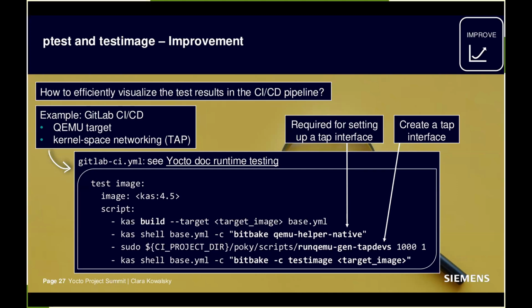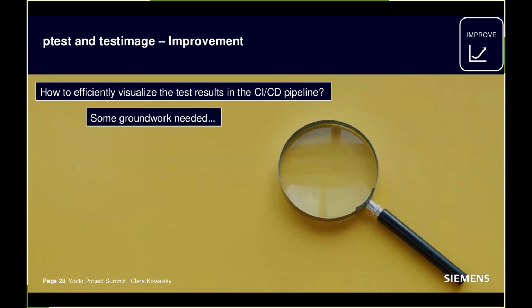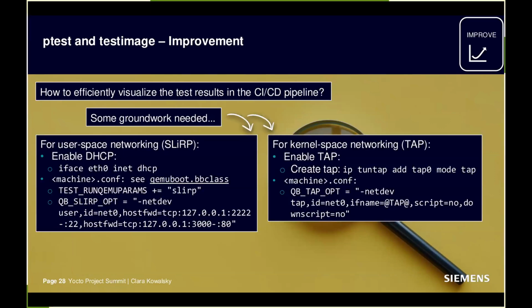And then you just run the normal test image task. So, okay, this was only half of the truth. For the user space and the kernel space networking, we also need to do some groundwork. You can look it up here, depending on what you choose.